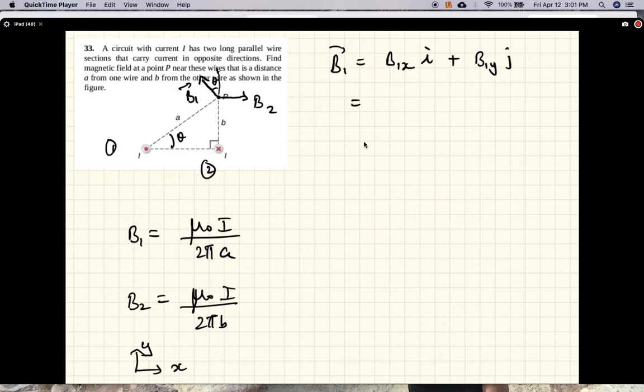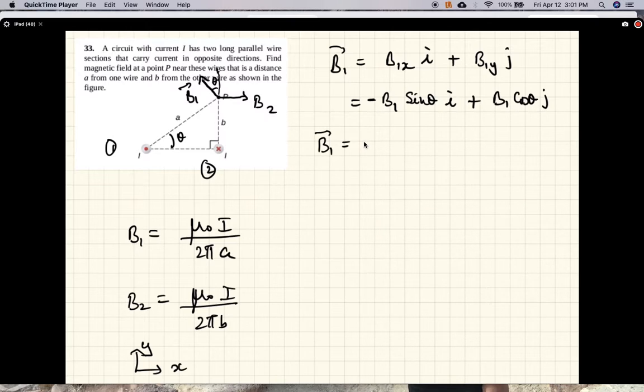B1x is minus B1 sine theta, plus B1y, which is B1 cosine theta, j.